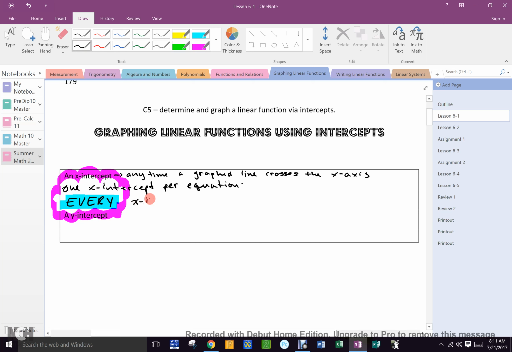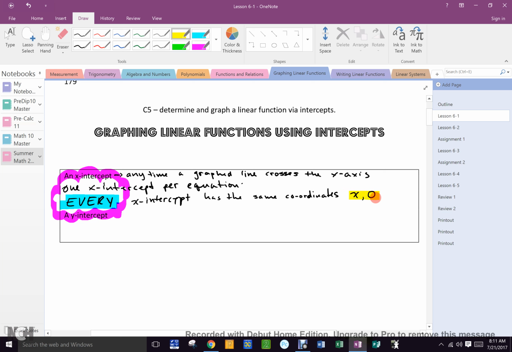Every x-intercept has the same coordinates. And those coordinates are as follows: x, comma, 0.